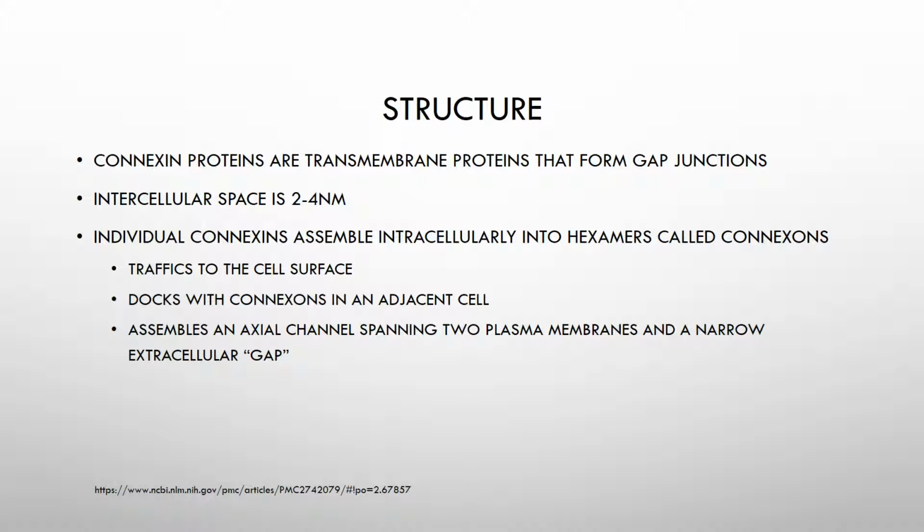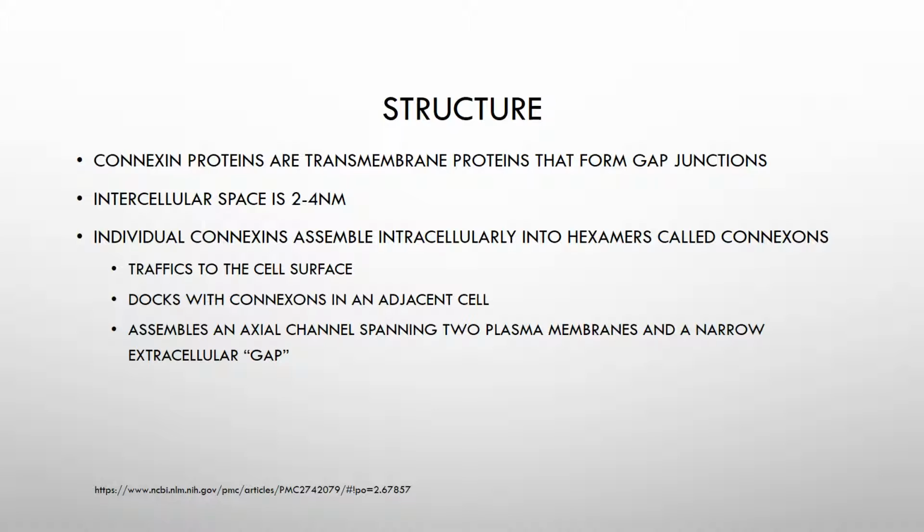The structure of gap junctions. So connexin proteins are transmembrane proteins that form gap junctions. They're usually located within the intercellular space around 2 to 4 nanometers thick.